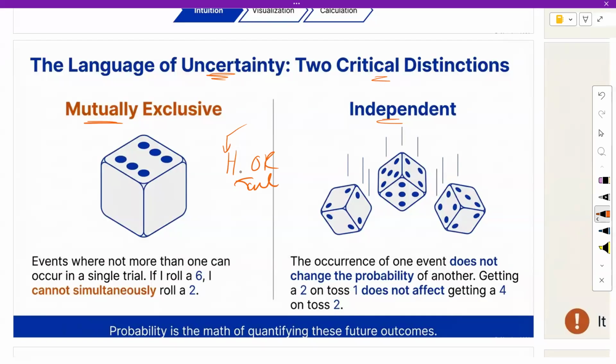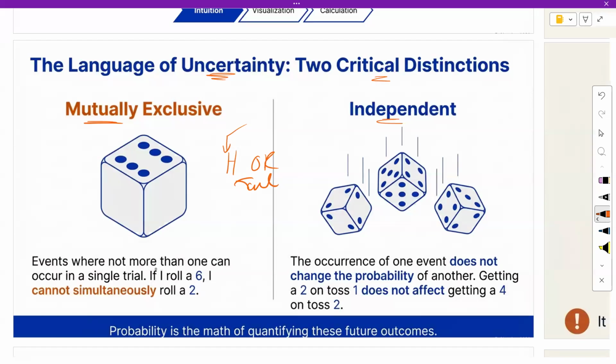So out of two outcomes, you can get only one. In the same way, if you throw a 6-face die, there are 6 possible outcomes, but in one trial, you're able to get only one outcome. That is called mutually exclusive.